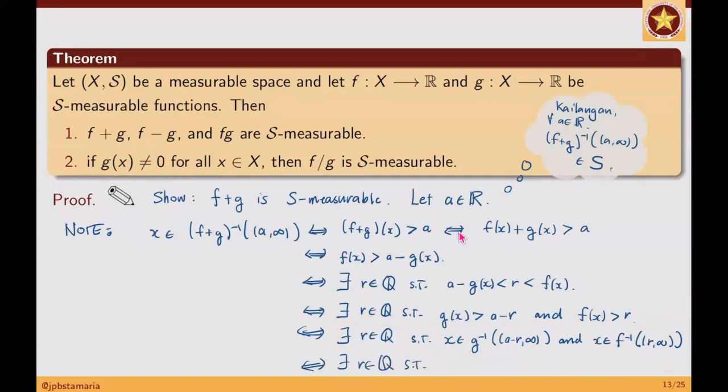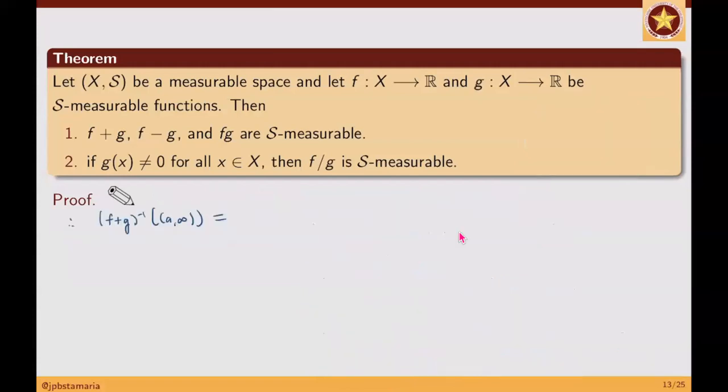Kapag pinagsama mo ito, and ito ang end, remember, intersection yan. Kaya kapag ang x ay nandyan, si x ay nasa intersection ng G inverse of A minus R to infinity, intersection F inverse R to infinity. Sa unahan, merong there exists an R in Q. How would you write the set?